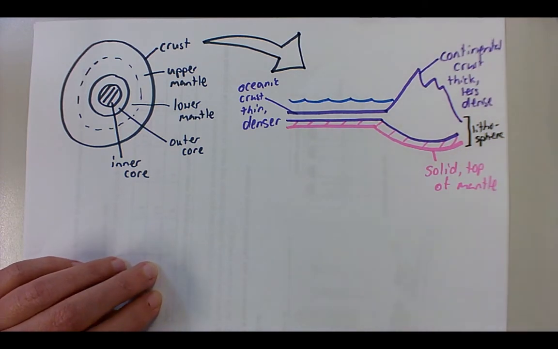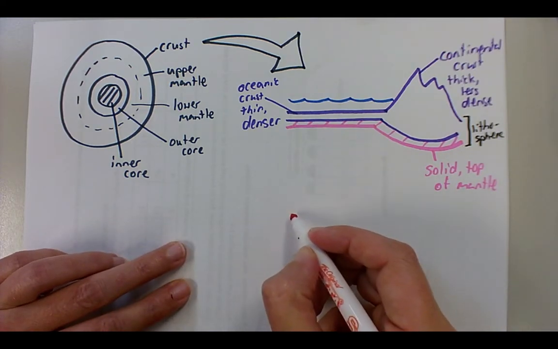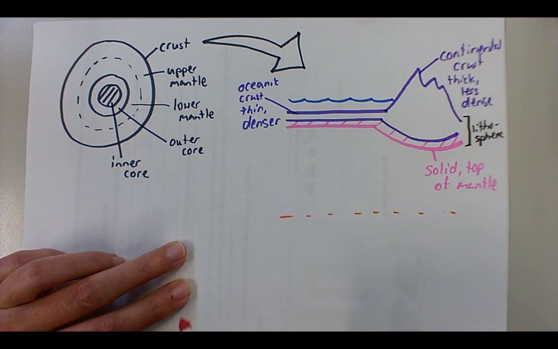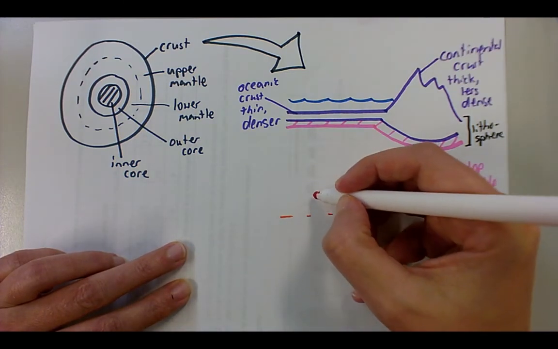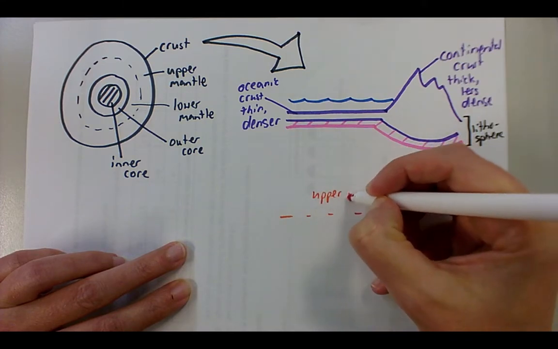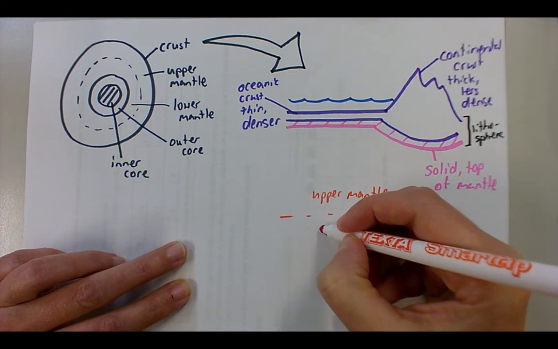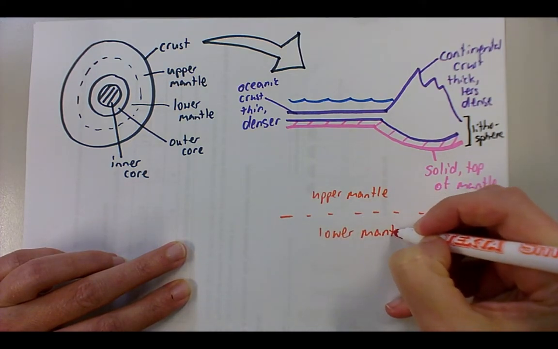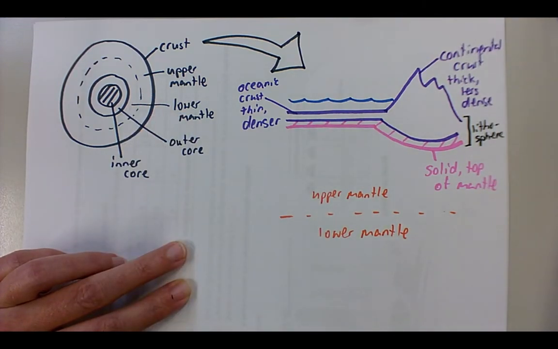Okay, underneath that, we've got the mantle. This is not to scale, but you can imagine that this is the upper mantle here, and beneath that is the lower mantle that we talked about over in our diagram here.